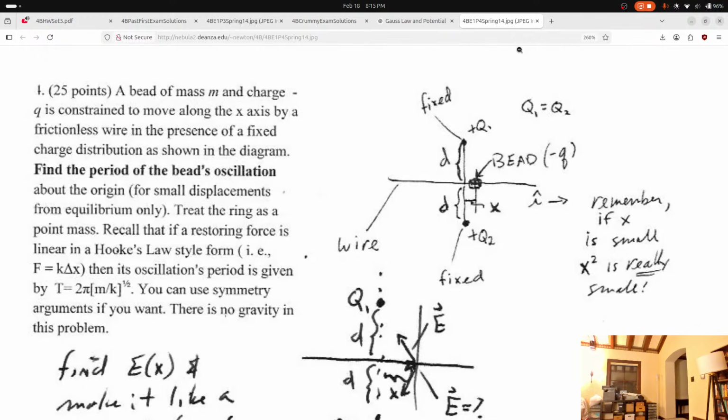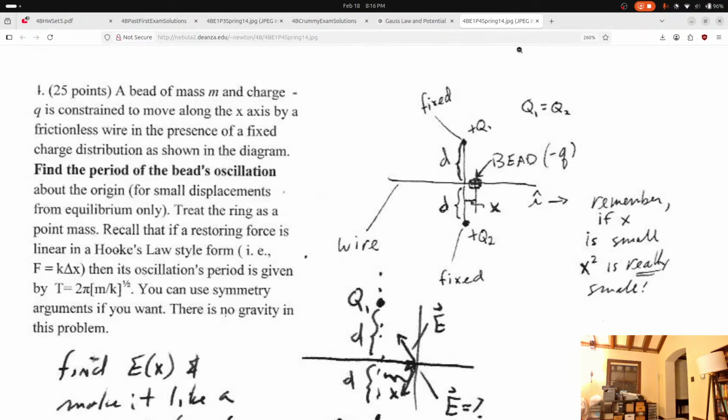Minus q E equals x. So then r1 is x minus d, r2 is x plus d. So that's good.